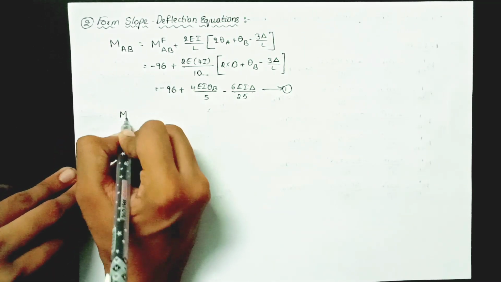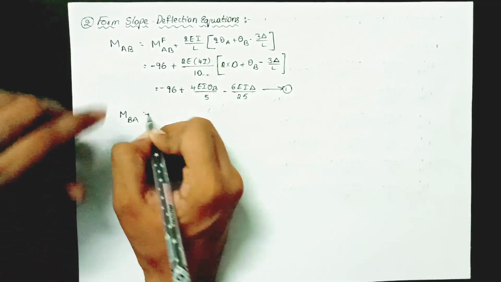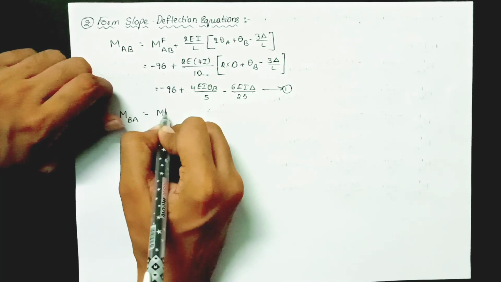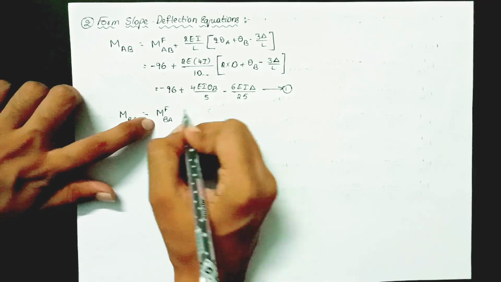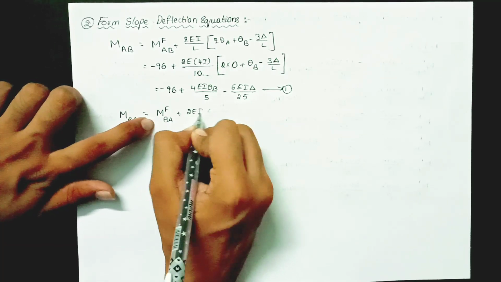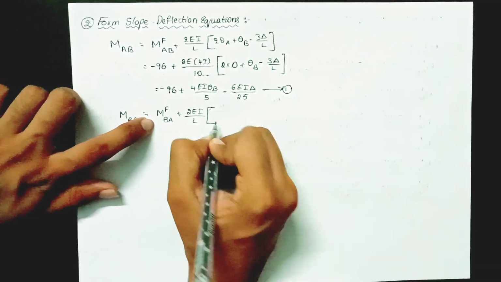Now BA. MBA equals, again write the equation MFBA plus 2EI by L. There won't be any change in this.